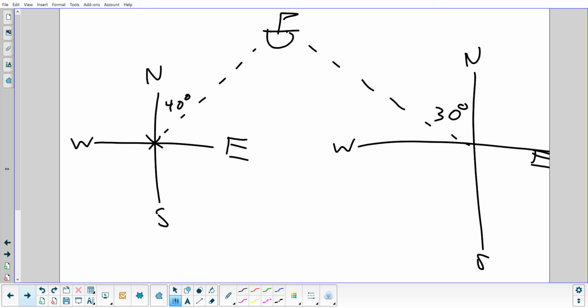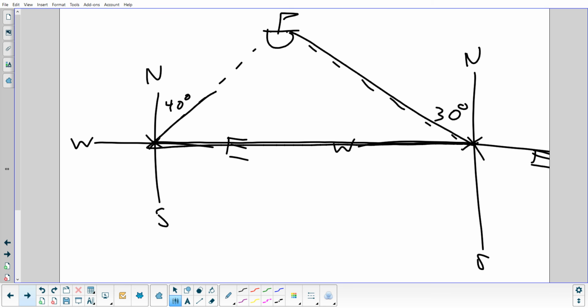I'm going to draw this nicer, but I'm just trying to give you an idea. Now, basically what happens is each one of these Coast Guard stations has line of sight on the boat. They can triangulate exactly where it is. And we know the distance between the two stations. So essentially, we're going to get a nice triangle right there. Again, I'm going to try to draw this nicer on the next page.